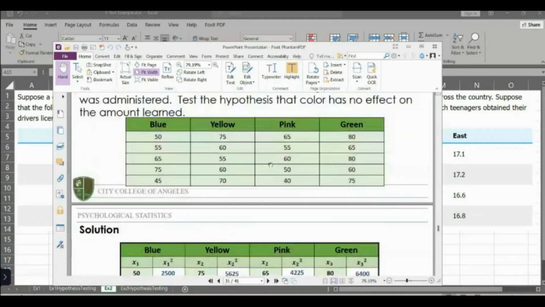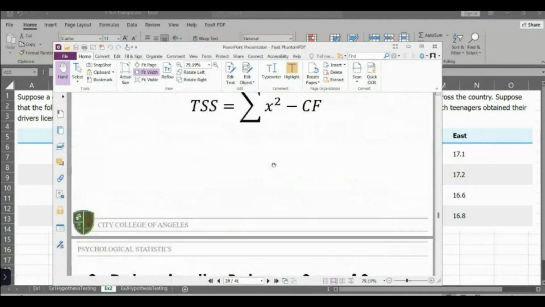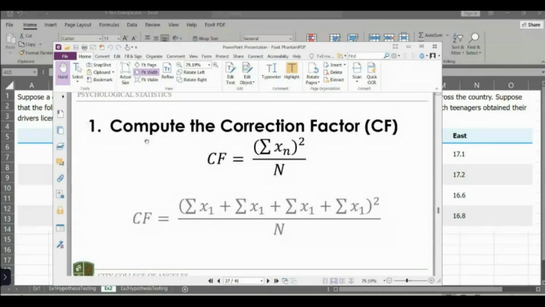Okay? So I'll start from here. Step number one, compute the correction factor, or the CF.